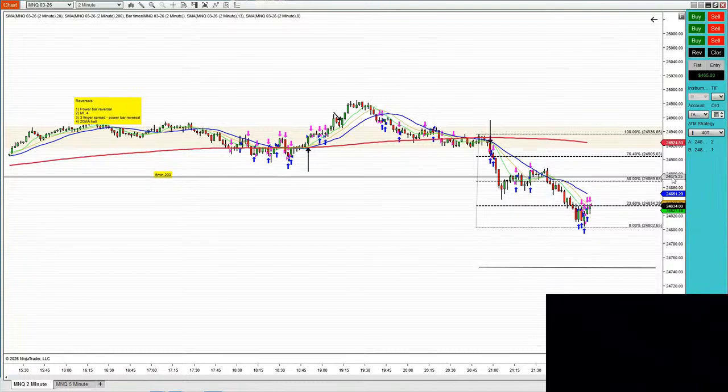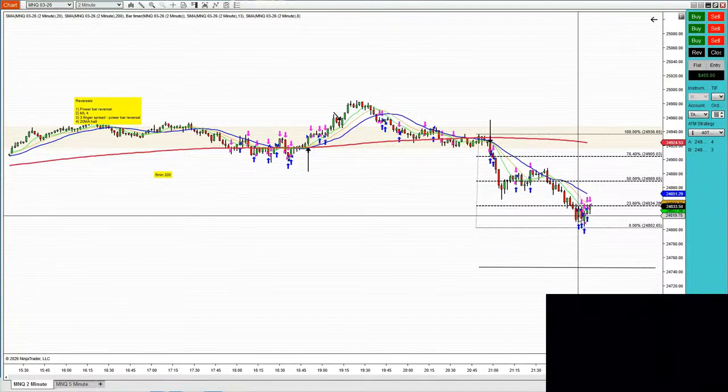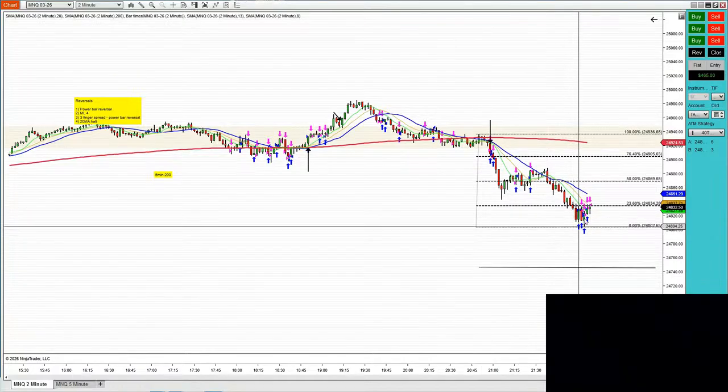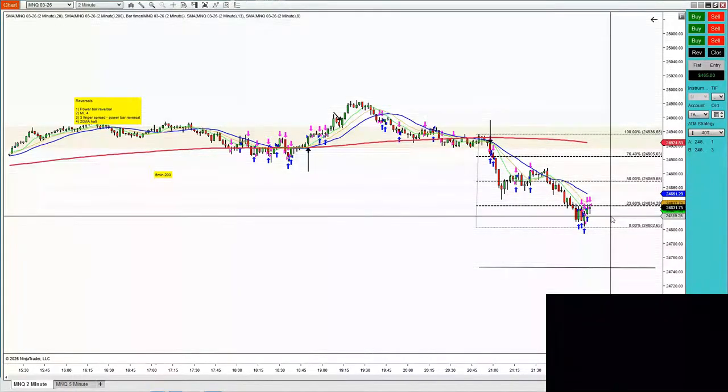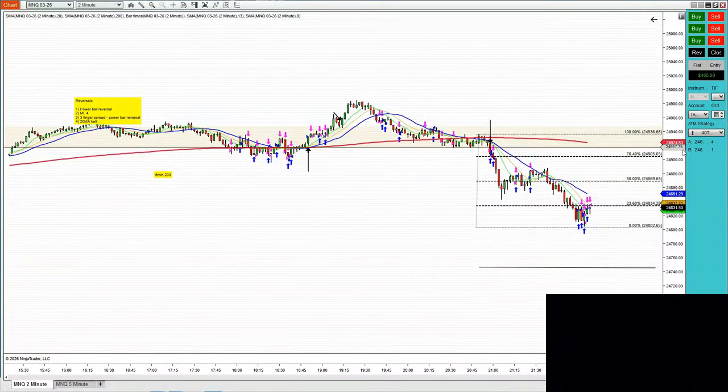Still not super convinced that this is the bottom. I prefer to have something like that, and then there, and then trade off that long. But I've just seen the time, and the time's too late.